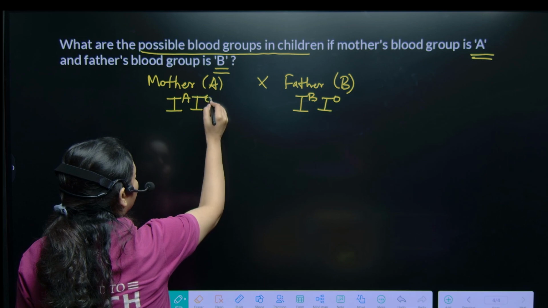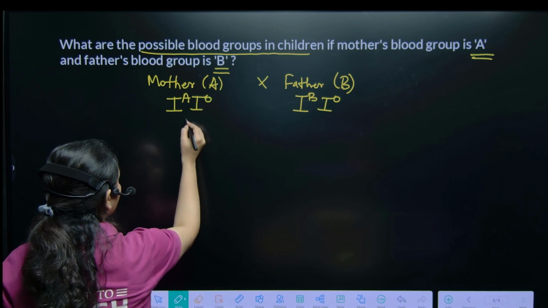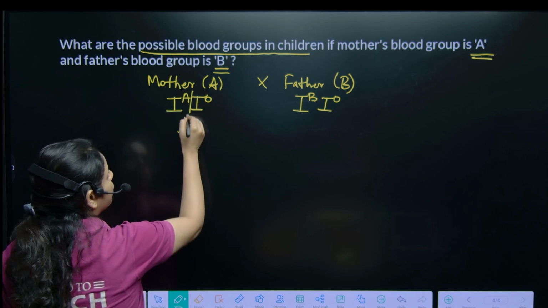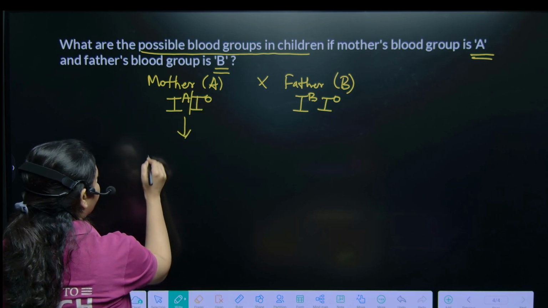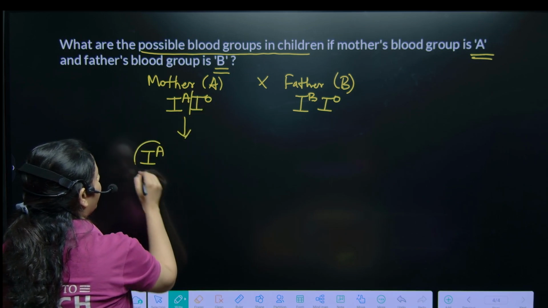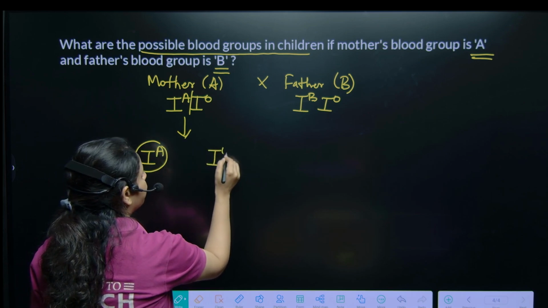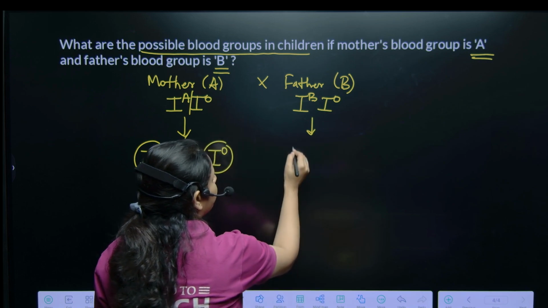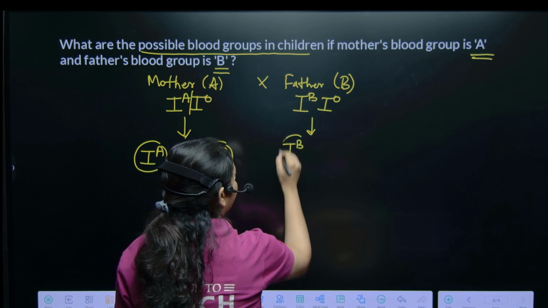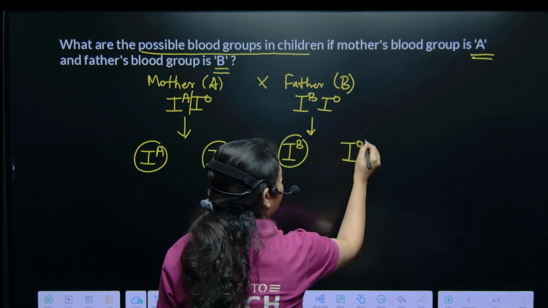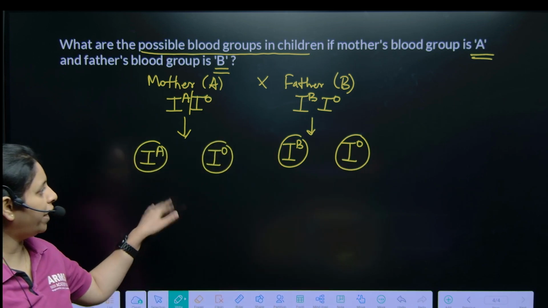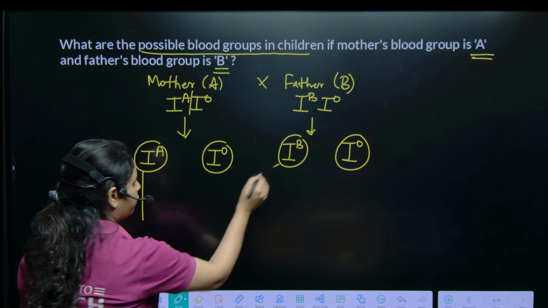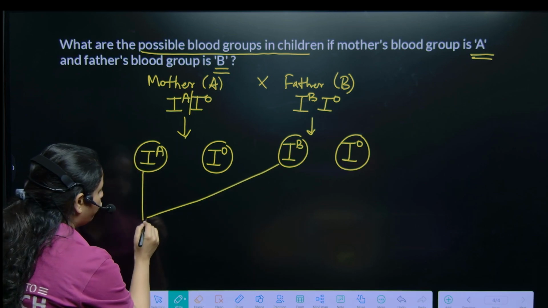Okay. So let's write the gametes now. What are the possible gametes? Apply the law of segregation. Both these alleles will separate. So 50% of the gametes will have IA and the remaining 50% will have IO. Next, for male gametes, 50% will have IB and the remaining 50% will have IO. Now find all the possible offspring. If this female gamete and this first male gamete fuse, what is the genotype in offspring?